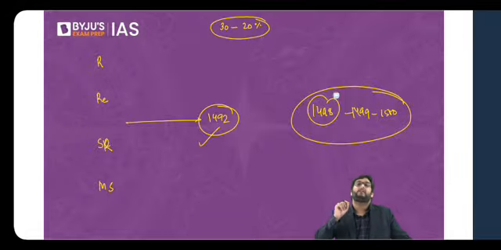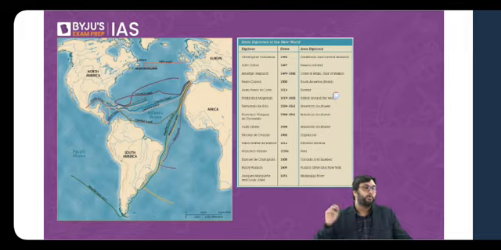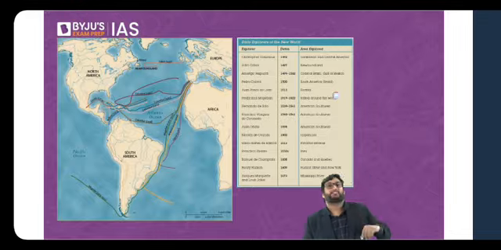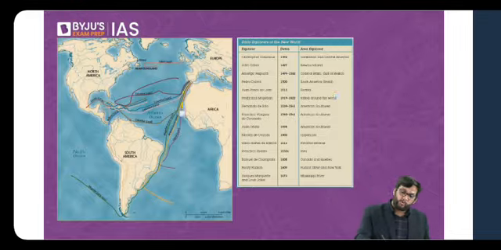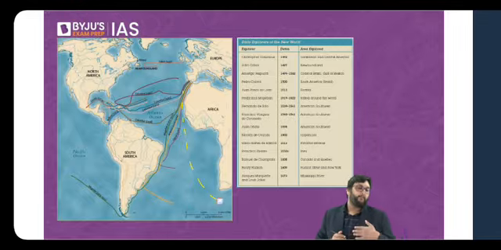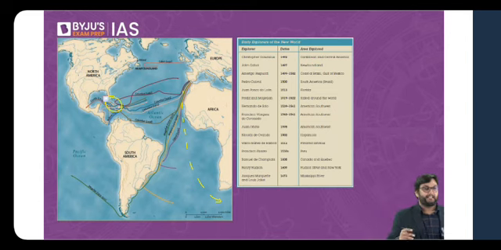But when Christopher Columbus actually ventured out to look for India, he actually by mistake crossed the Atlantic Ocean. He wanted to go something like this, but he wasn't able to. Rather, he went across the Atlantic and reached the Caribbean islands. He did not reach the Americas, he reached the Caribbean islands.